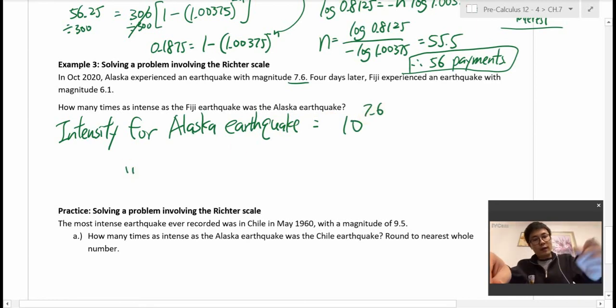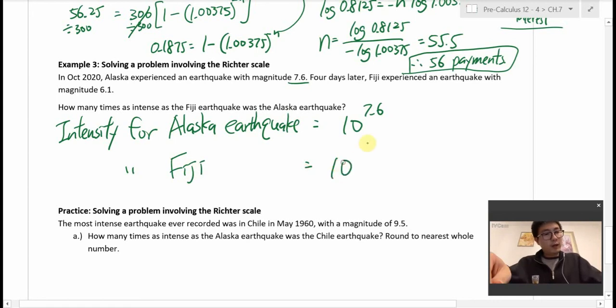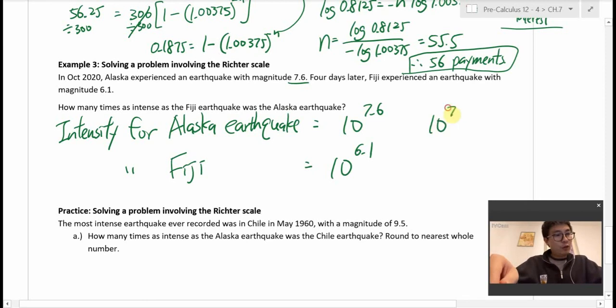And the intensity for the Fiji earthquake is 10 to the power of 6.1. So if you want to figure out how many times as intense, it's going to be 10 to the power of 7.6 divided by 10 to the power of 6.1.